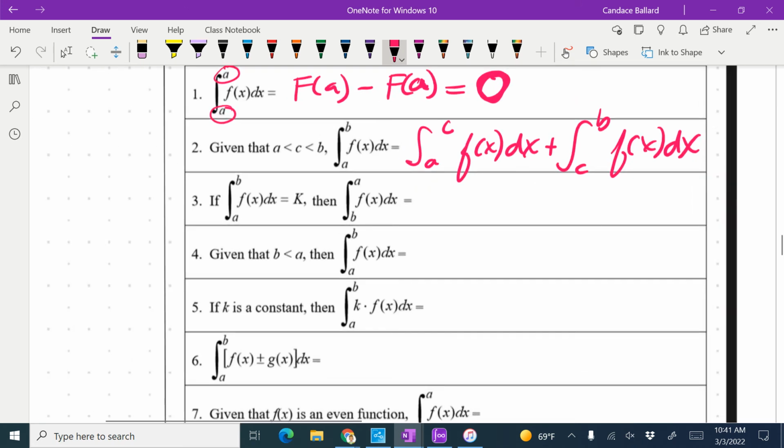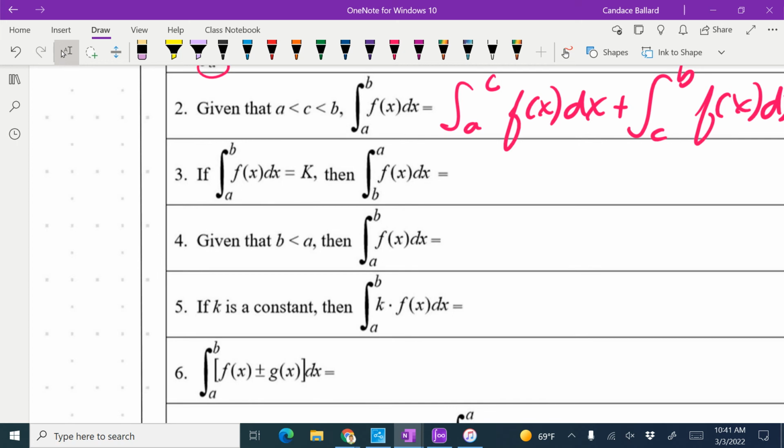Okay, I want you to look very carefully at number 3. This one comes up quite a bit. What's the difference between the integral here and the integral there? The a and the b are switched, right? We always want b to be bigger.